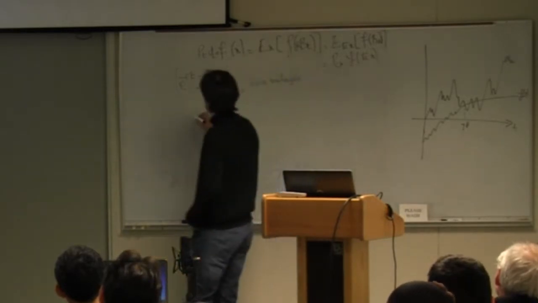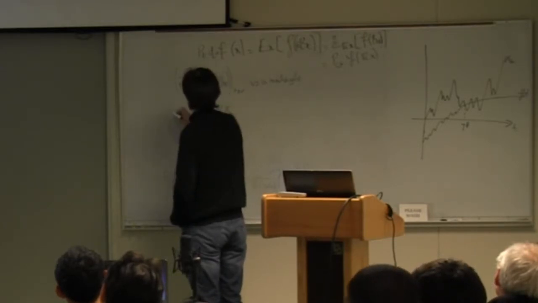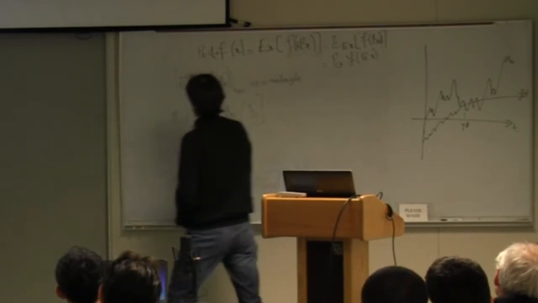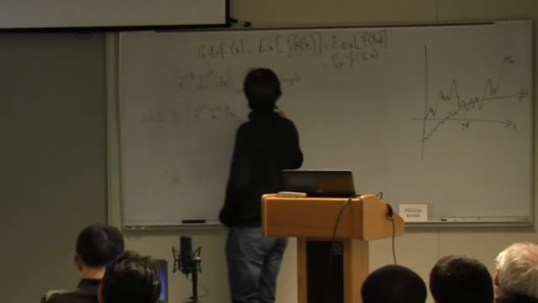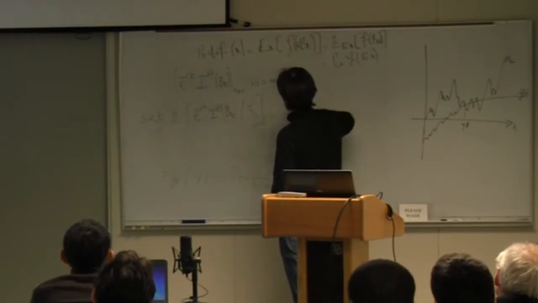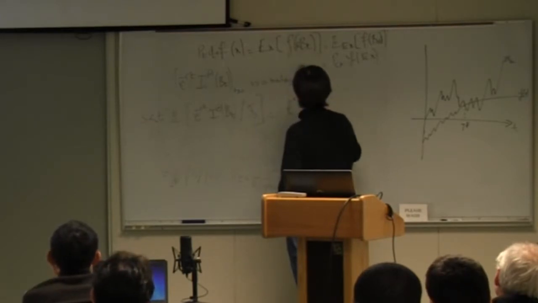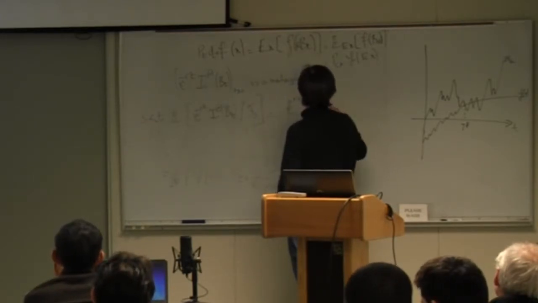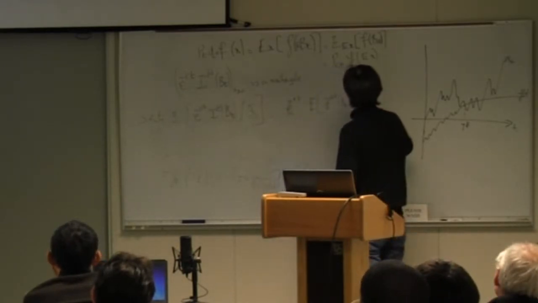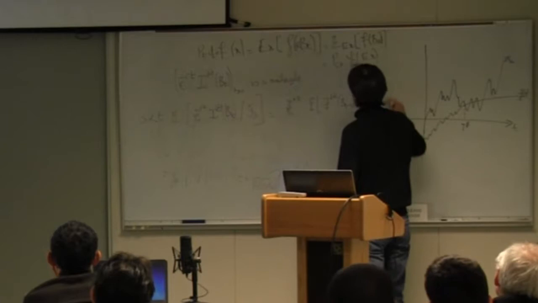And why is it a Martingale? That's simple. The expectation of e^{-r(t+s)} I_r(B_{t+s}) given F_s, I'm just shifting, and I'm using the Markov property.